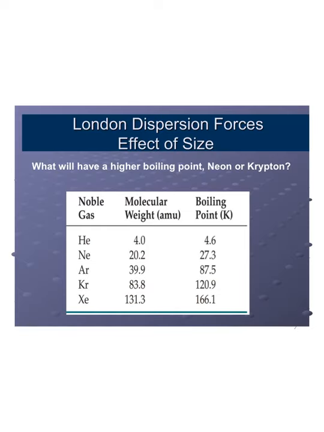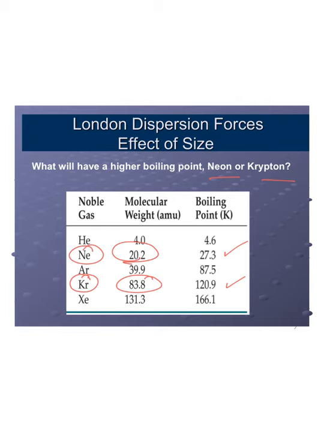Again, let's take a look here. Which of these would have the higher boiling point, neon or krypton? Well, here's neon, here's krypton, here is a molecular weight, here is this molecular weight, and it makes sense, right? Look at the boiling points. Krypton has a much higher boiling point.